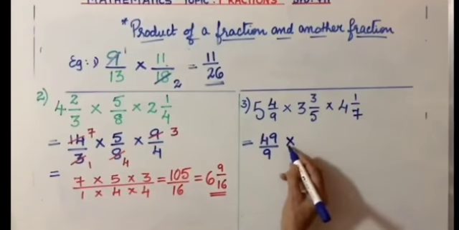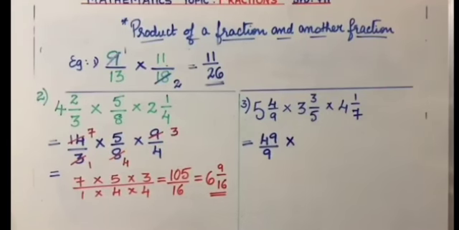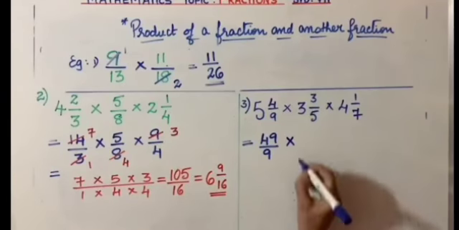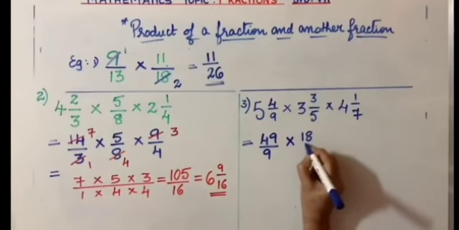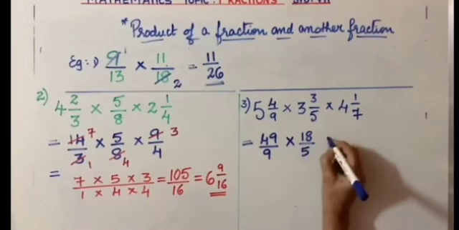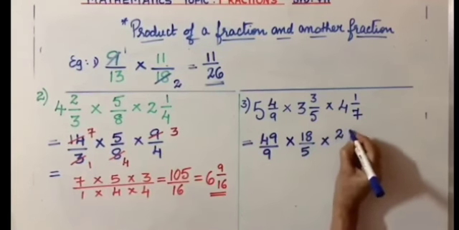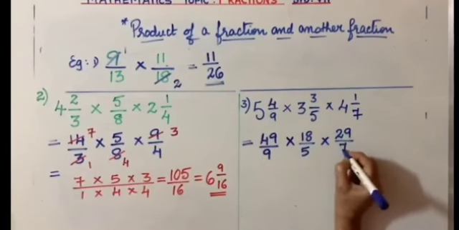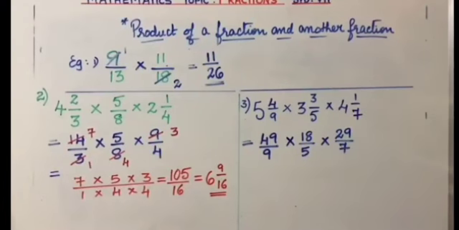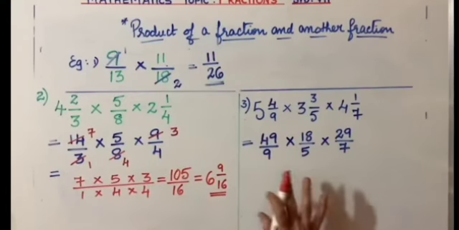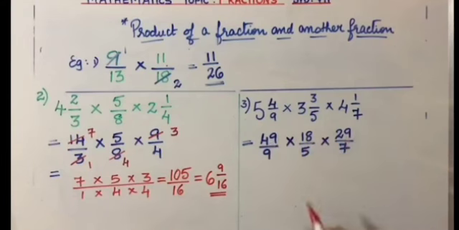Multiplied by 15 plus 3 is 18 by 5 into 29 by 7. Again, I am repeating, children. If you follow the rule and multiply all the numerators and denominators, imagine the huge product that you are going to get. But instead, let us simplify.